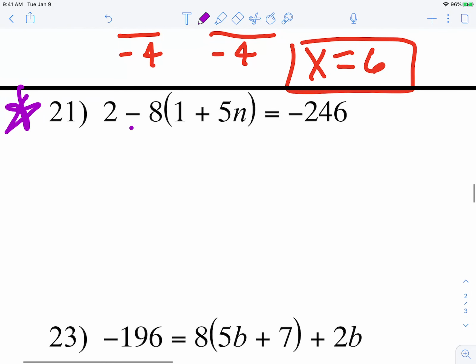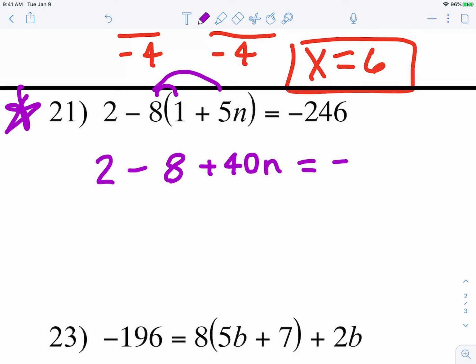Yes, it is. Okay. With an 8 right here, a lot of people will say, hey, let's distribute 8, and then they'll write this. They'll say minus 8, they'll say 8 times 5n is 40n, and then equals negative 246. And the big error that people make right here is you have to distribute the negative with the 8 here.